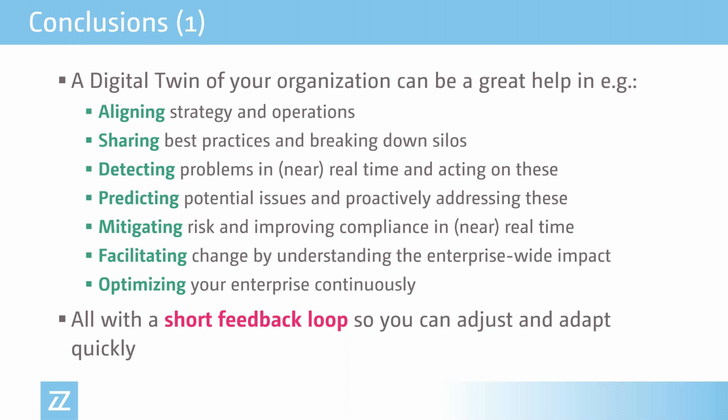But it ranges really from design time, long-term changes to the direct operational impact on the enterprise, and all sorts of things in between. The shorter your feedback loop is, the better it is, so you can adjust and adapt your model quickly, and also adjust and adapt your enterprise quickly. So, as with feedback in general, the faster you can go around the loop, the better it is.